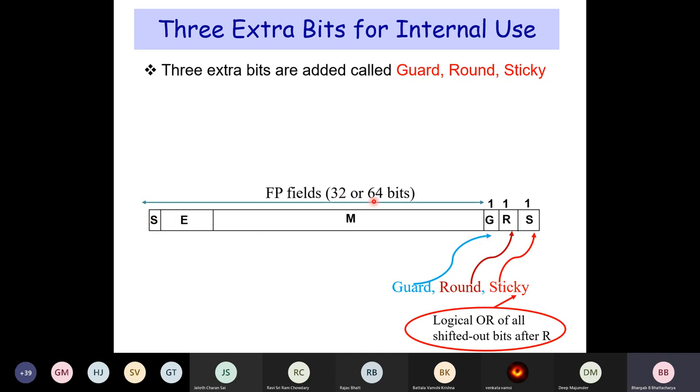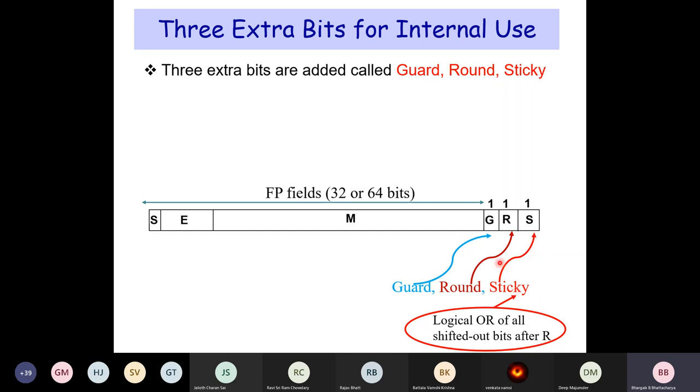So this could be 32 or 64 bit depending on single precision or double precision. Apart from that, there are 3 extra bits which are augmented to it, and this is visible to hardware only. You don't see it. The first one is called the guard bit, the second one is called the round bit, and the last one is called the sticky bit.